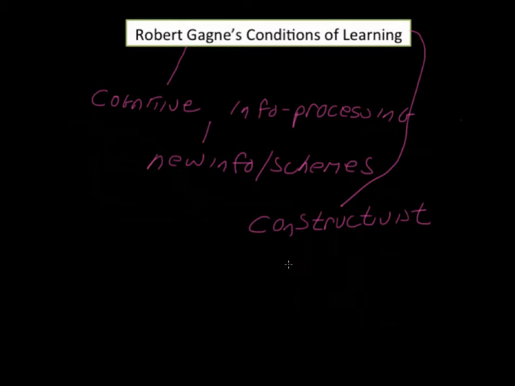So it's more of a hands-on approach to learning. The model is predominantly a cognitive view. And you'll see that as we go through, although once in a while you'll see some constructivist type activities as well.